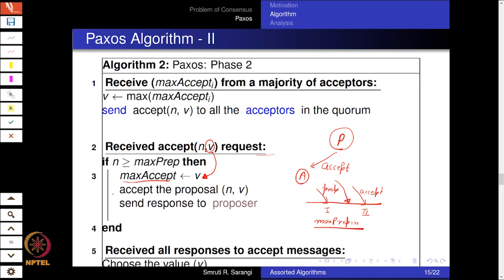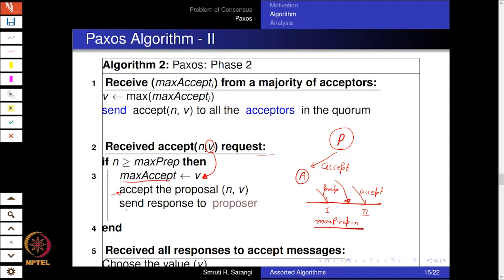Subsequently the proposal n,v is accepted, and v becomes the value of the acceptor, which it uses later on, and it sends a response to the proposer that the proposal has been successfully accepted.